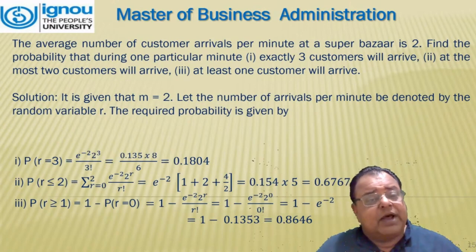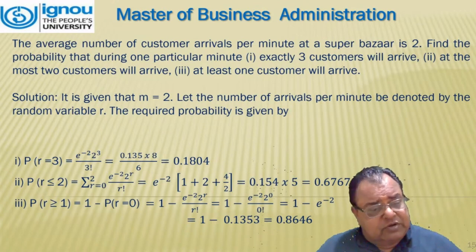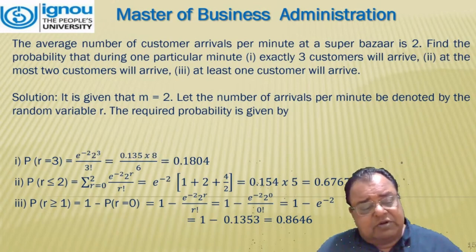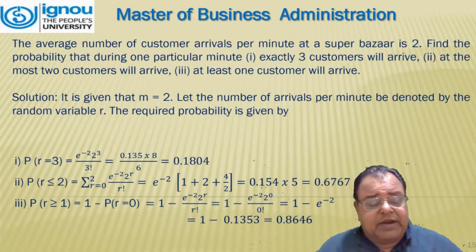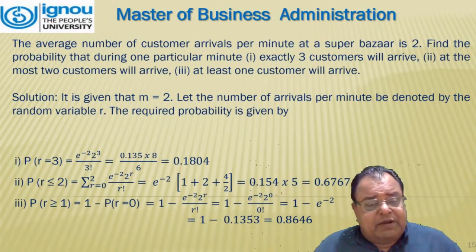Replacing the value of lambda or m by 2, we get e raised to the power minus 2 times 2 raised to the power 3 upon 3 factorial. 2 raised to the power 3 is 8, and 3 factorial is 6. After placing the values, we get 0.1804.